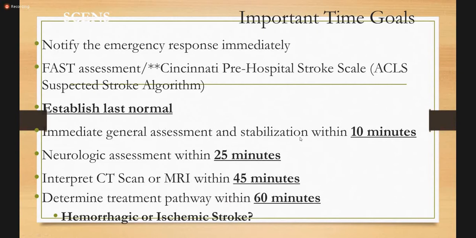Immediate general assessment and stabilization within 10 minutes. Neurological assessment within 25 minutes. And the CT scan or MRI within 45 minutes. Do not delay beyond it. Determine the treatment within 60 minutes, whether it is hemorrhagic or ischemic.